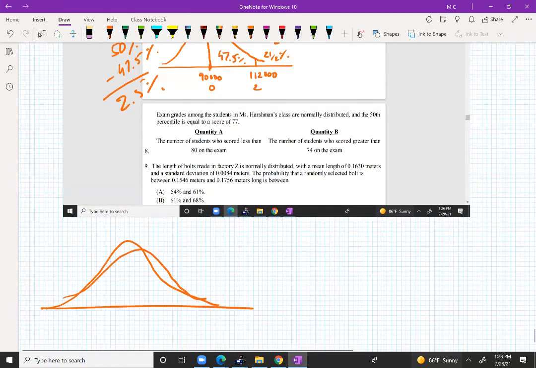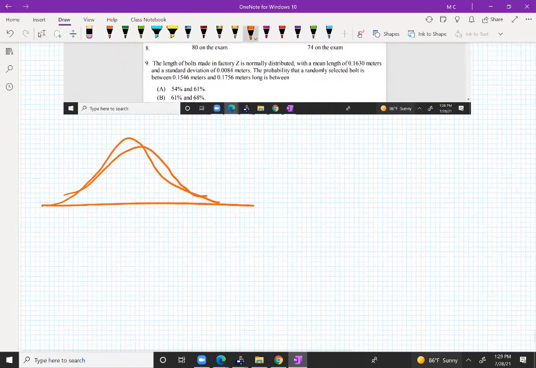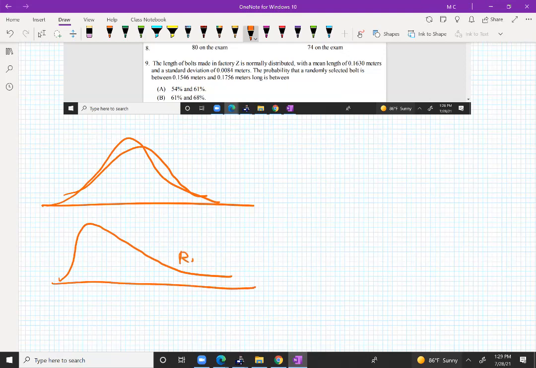Another thing is this thing is called right skewed. In these cases, the mean will be above the median. So let's say the median is here, the 50th percentile. The mean is going to be above, because somebody like Bill Gates will increase the average all by himself, like a long tail.